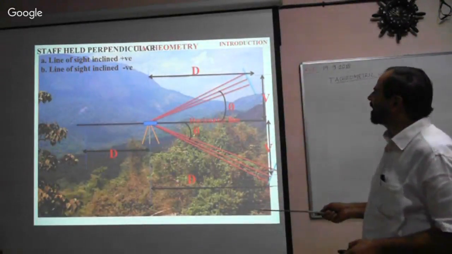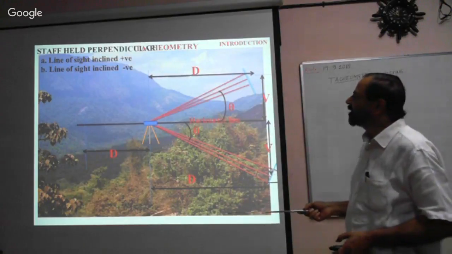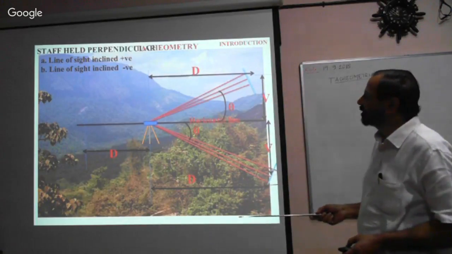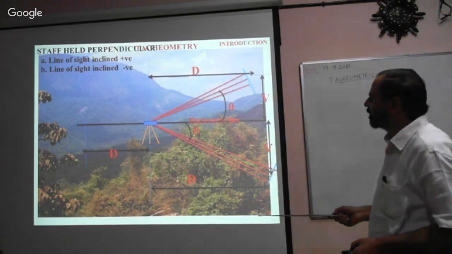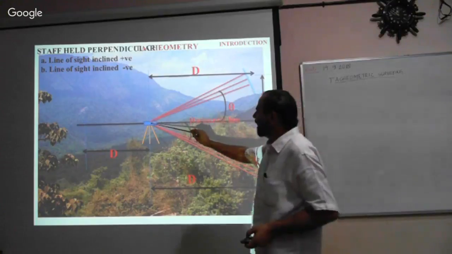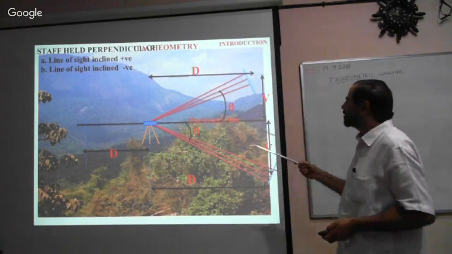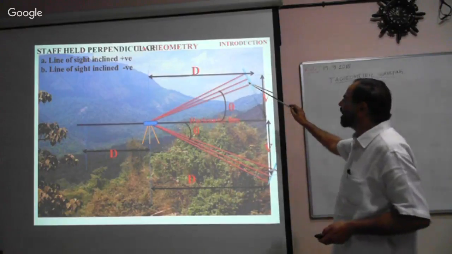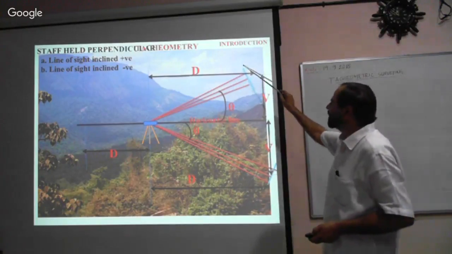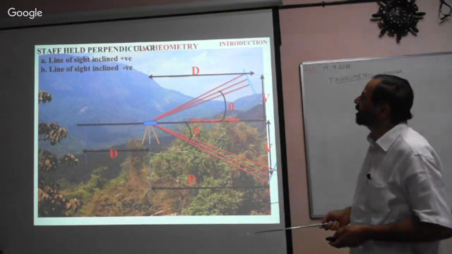Now another method of tachometry. Here the line of sight is inclined, and the staff is held perpendicular to the line of sight.